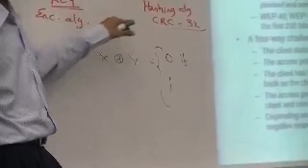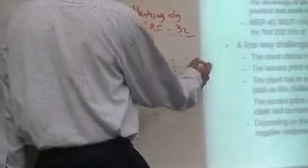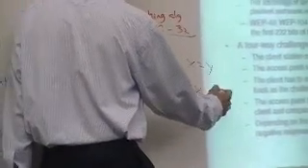With XOR, you get 0 if both are the same, and you get 1 if X is not equal to Y.